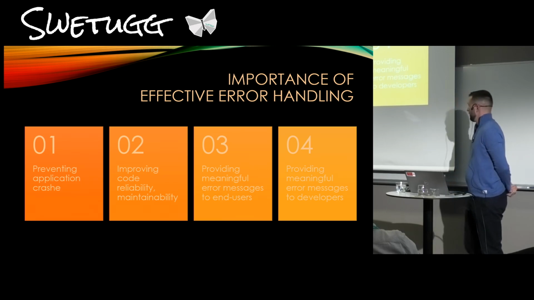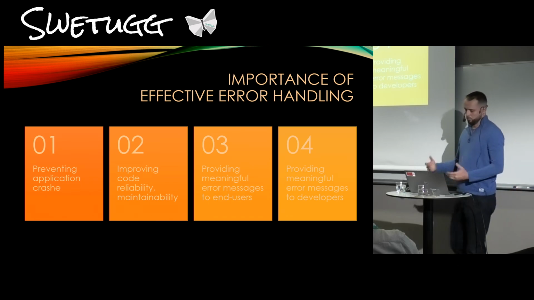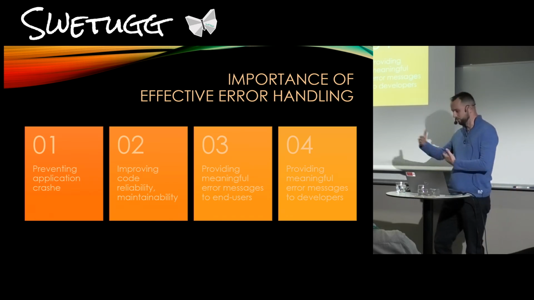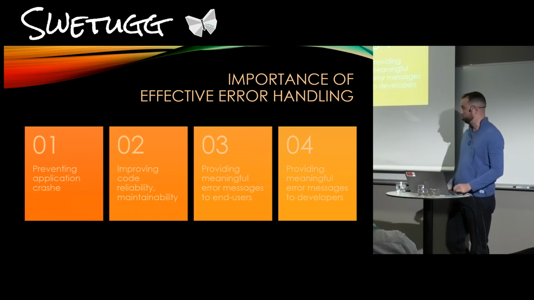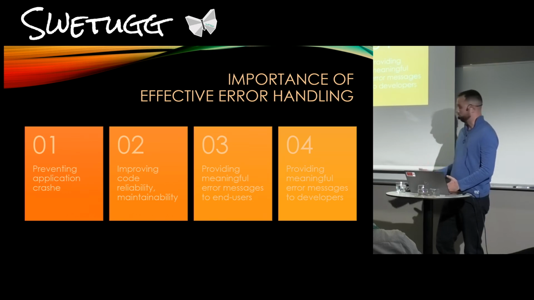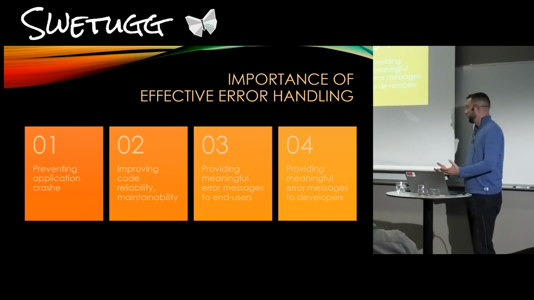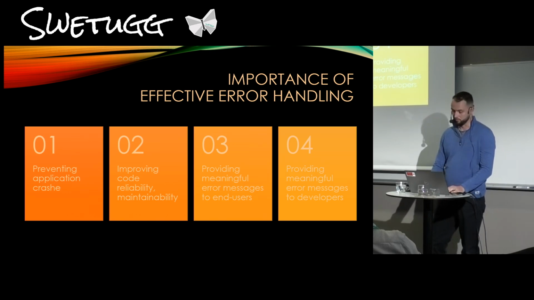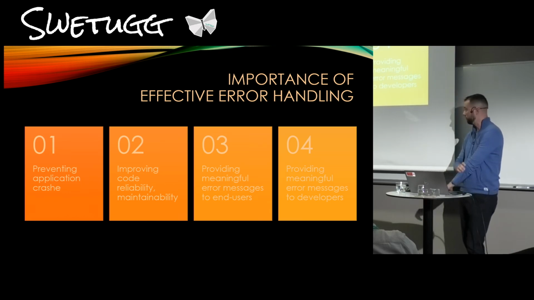Then it's because of code readability, maintainability, and reliability, because you want to tell other generations of developers in your company what the possible error scenarios are, whether intentional or non-intentional, so that they understand.